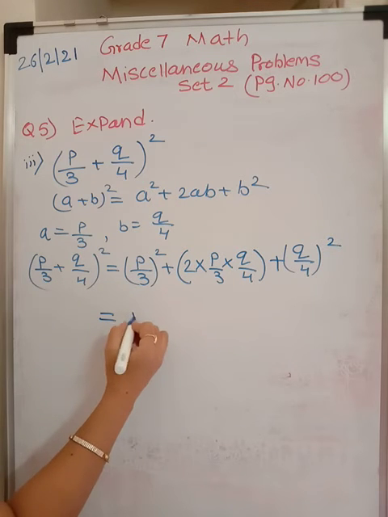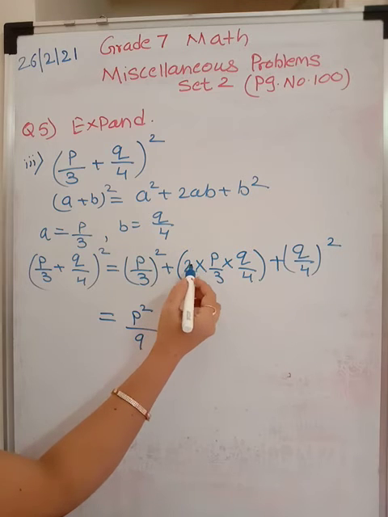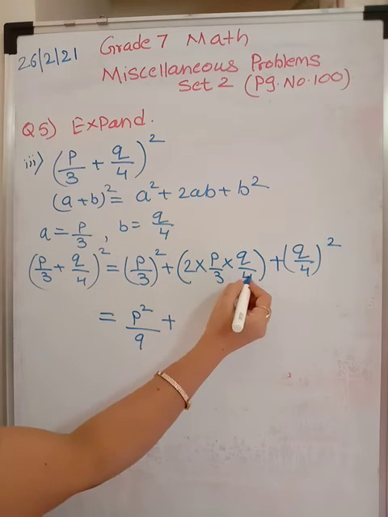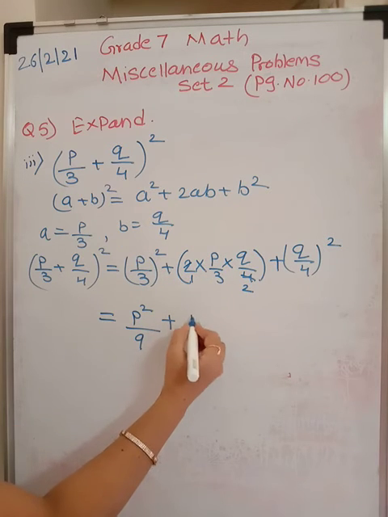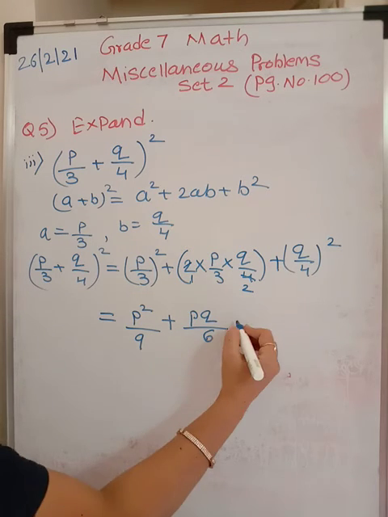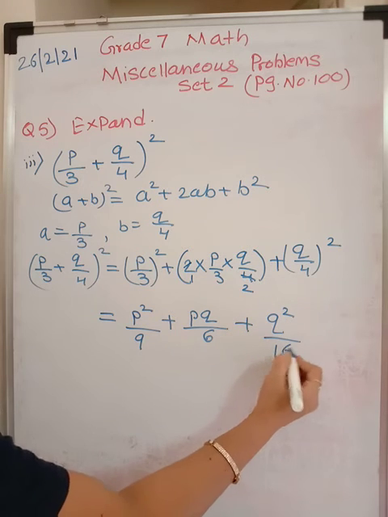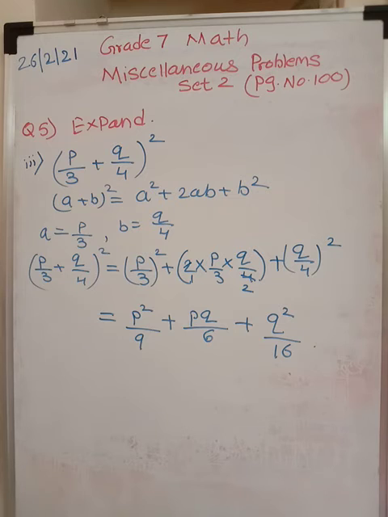Now square of p is p square, square of 3 is 9 plus. Now see, you can cancel this, there is multiplication. 2 1s are and 2 2s are. So it is p into q is pq upon 3 2s are 6. Alright, plus square of q is q square, square of 4 is 16. So what would be your final answer if you check? Your final answer would be p square upon 9 plus pq upon 6 plus q square upon 16. I hope it is clear.